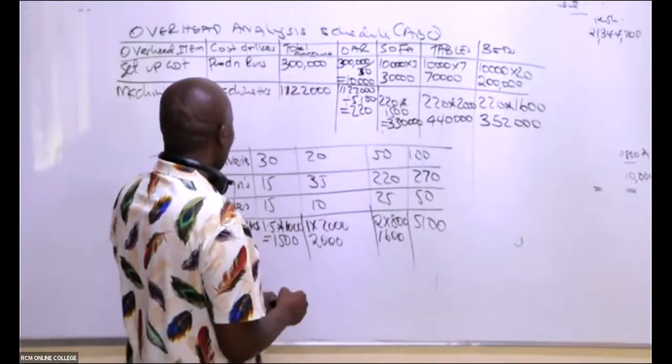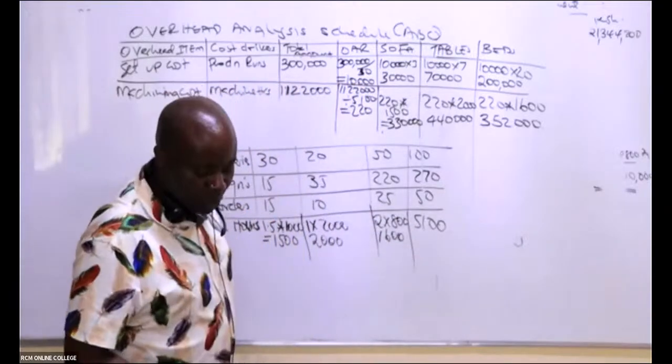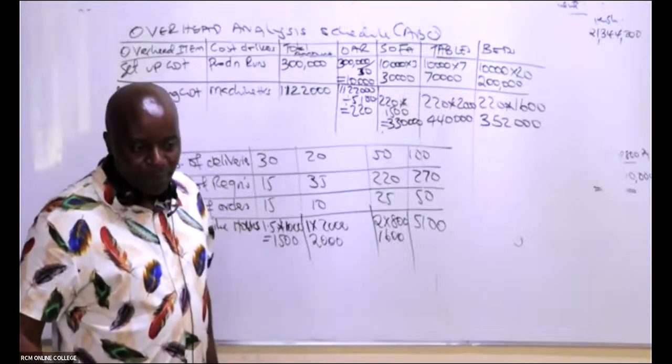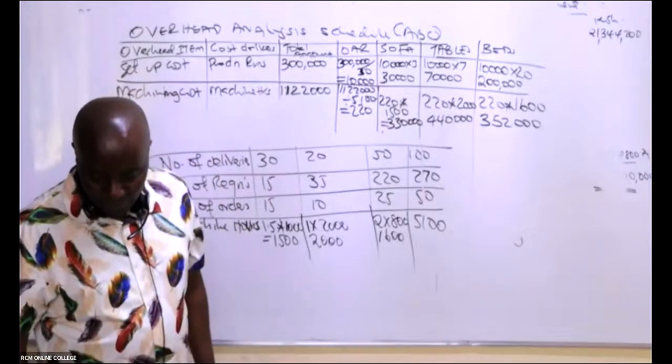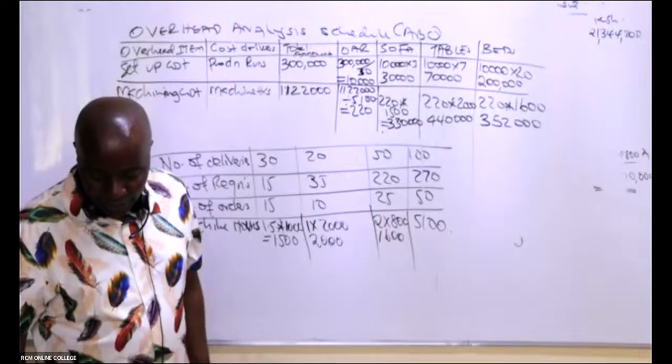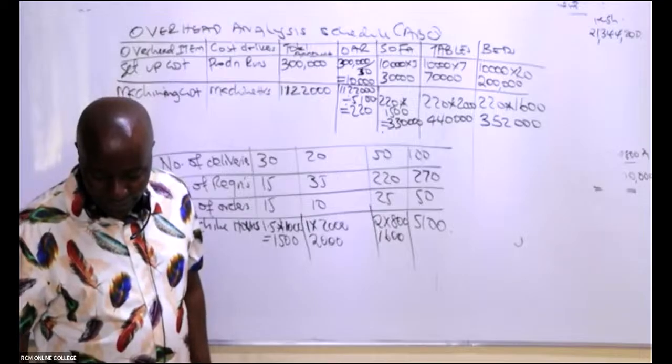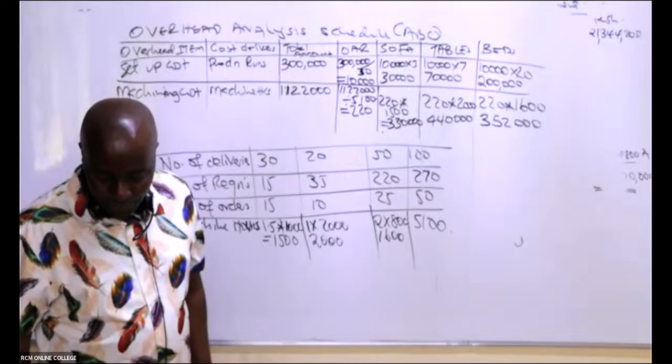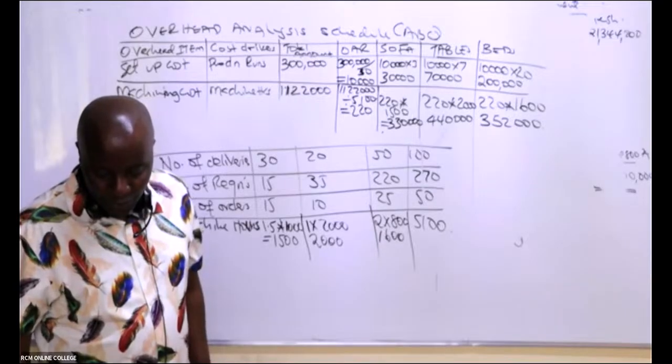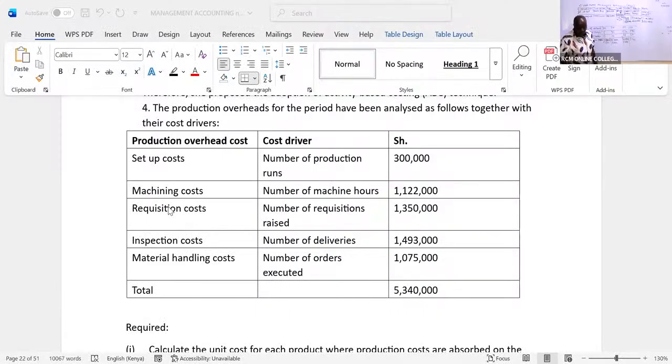So after that, the next one, ladies and gentlemen, that we have there is known as what here? The requisition cost. Please go ahead and do the entries for me.